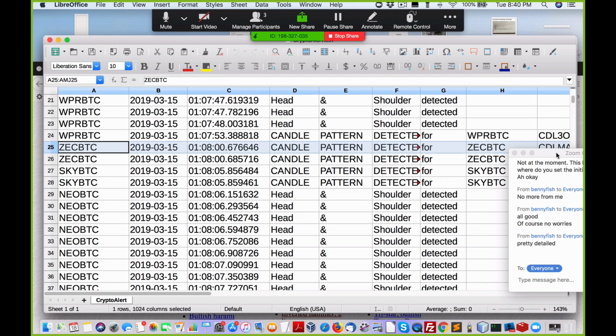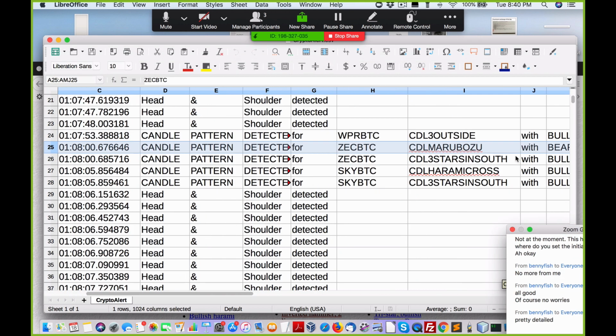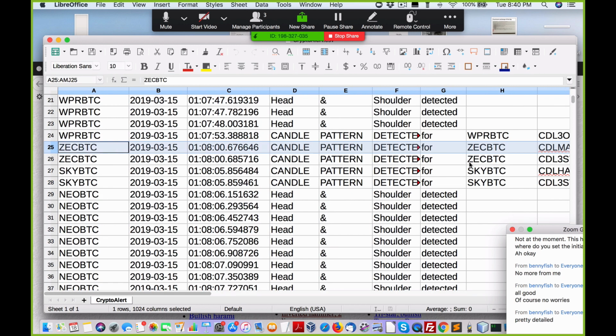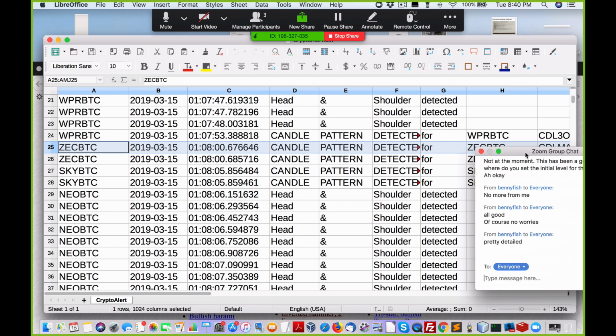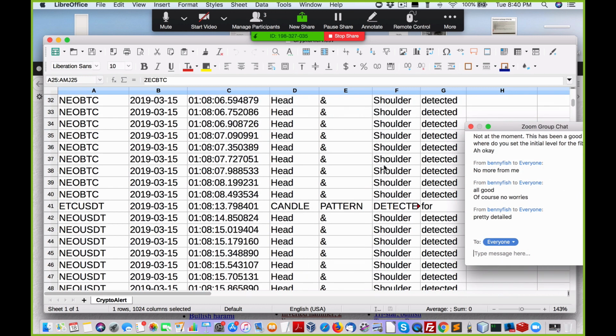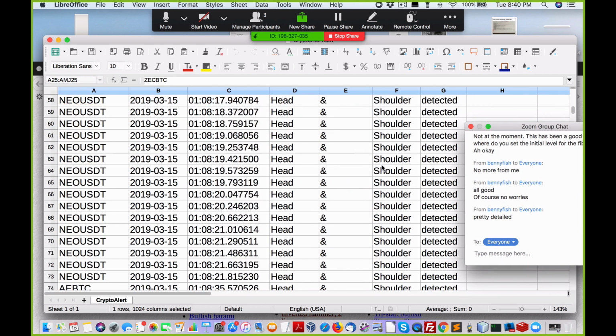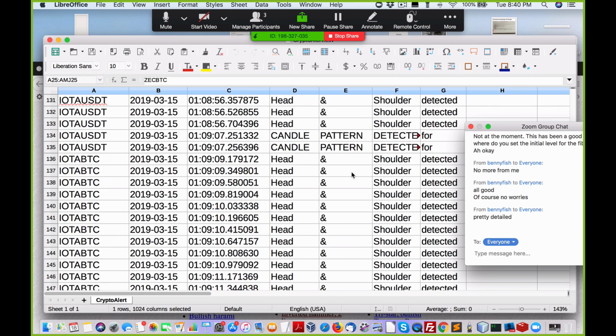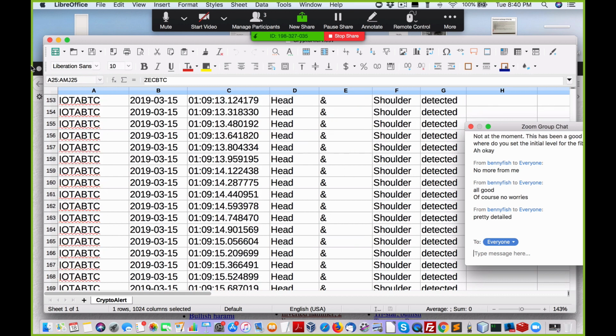Is it bullish? Is it bearish? So we can use that as an alert system as well. It's mostly head and shoulders and candle patterns. I could add more if I want, but again, this is kind of useful, I would imagine, for some people.